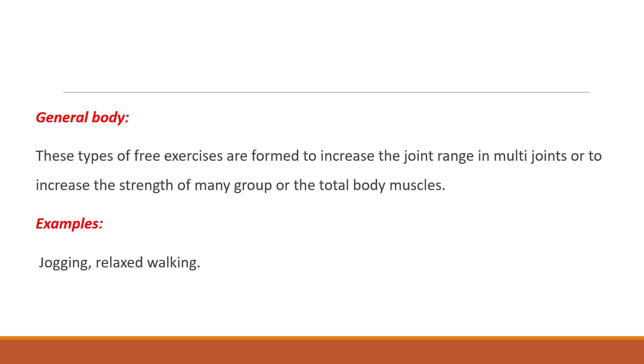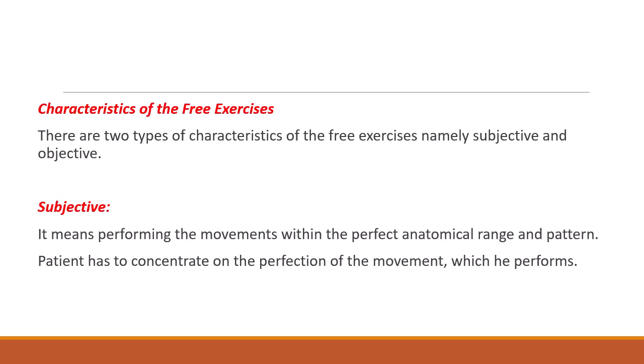For example, with a knee joint, we can do the exercise at that point to regain the power and range of that action. This is the general body, where we get whole body action. We will do group muscle exercise. For example, jogging and relaxed walking, training of the whole body.